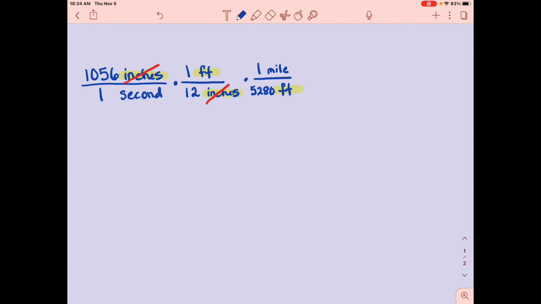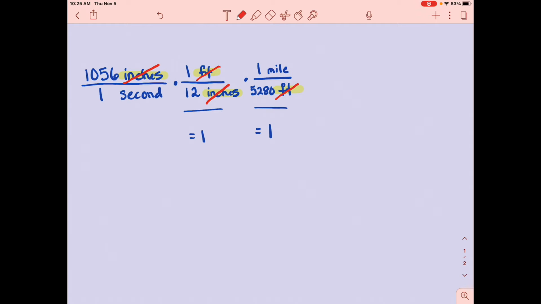And notice that each one of these fractions that I put up, they all equal 1. What's on the top is equivalent to what's on the bottom. So they just make a 1. Remember that we can multiply anything times 1 and it doesn't change it at all. So all we're doing is manipulating our units here. Okay, again, feet is going to get to cancel with feet.